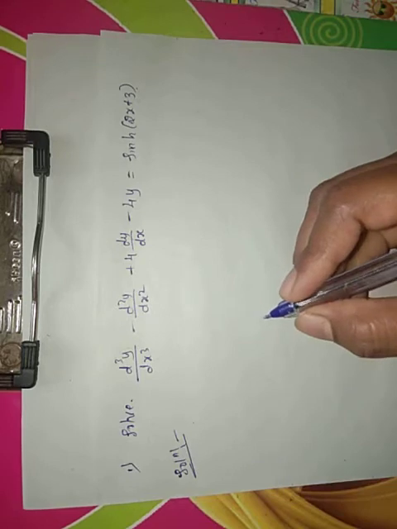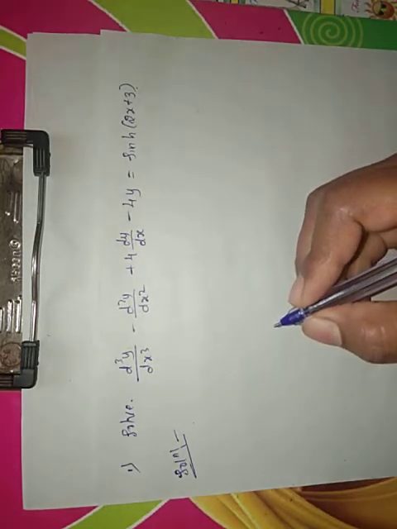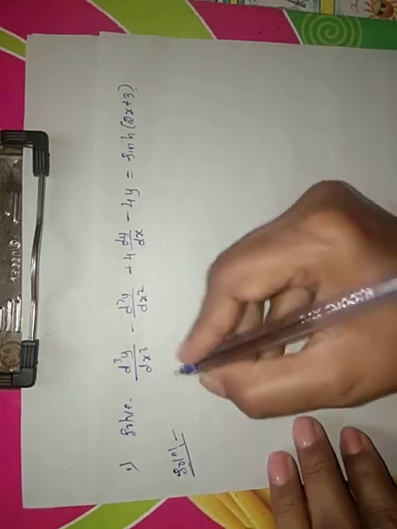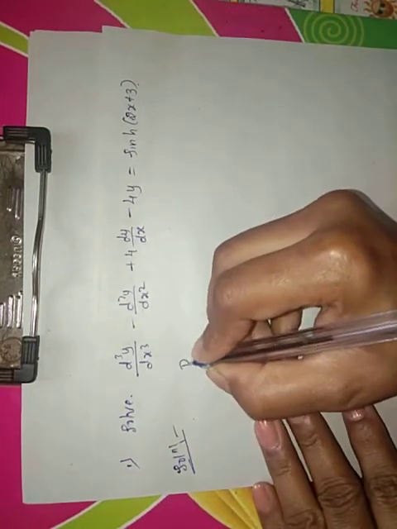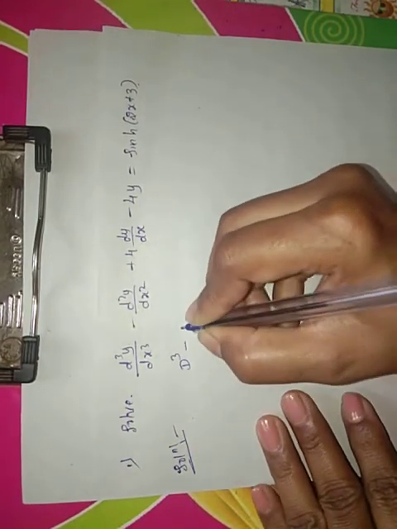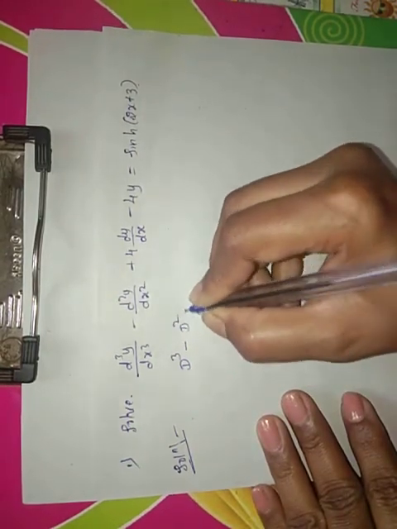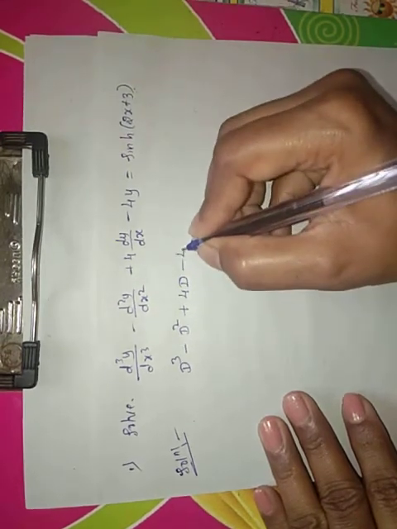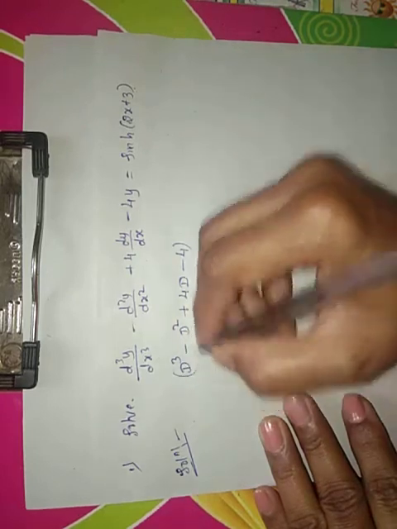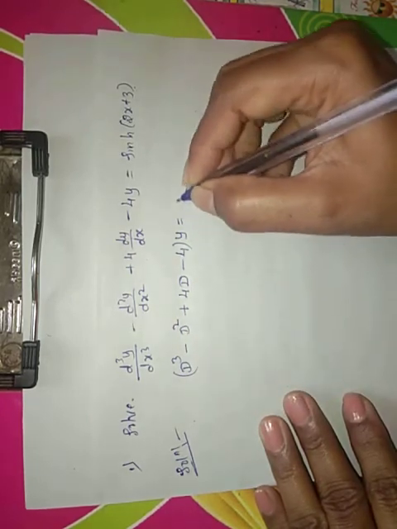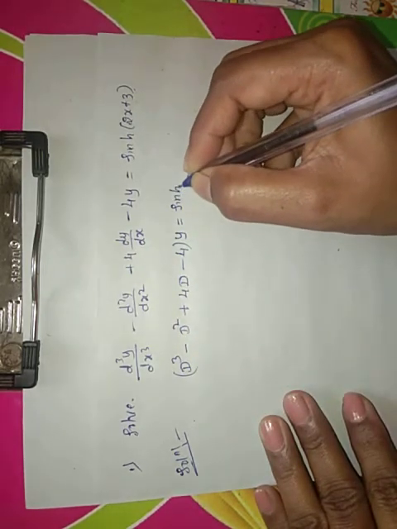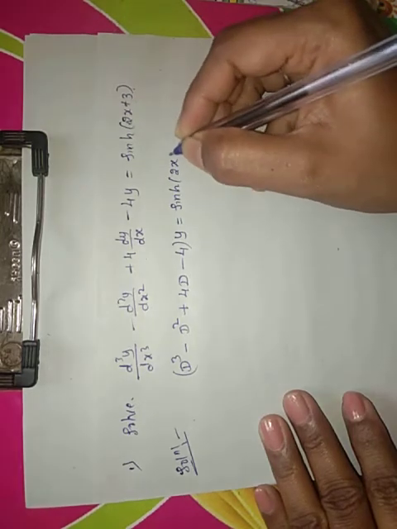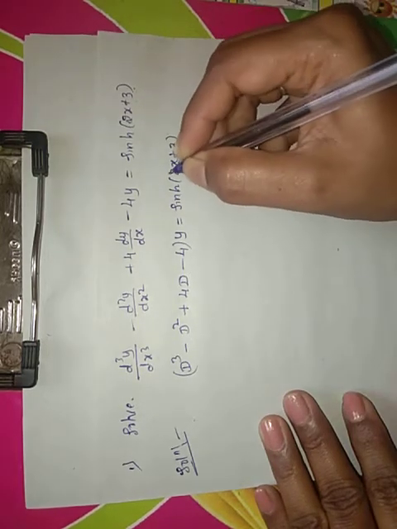So first I am going to write down this function as f of D of y equal to function of x, that is (D cube minus D square plus 4D minus 4) of y equal to sinh of 2x plus 3.